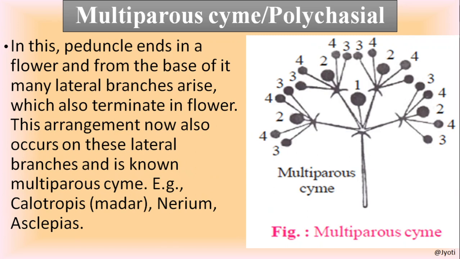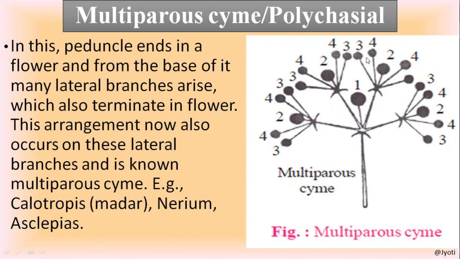Next, as I said, in multiparous, you can see it is branched multiple times. Here you can see this is the peduncle, first flower. Then here you can see four branches are developed from a point: 1, 2, 3, 4. So four branches are developed, and there are two flowers on each of the four branches.